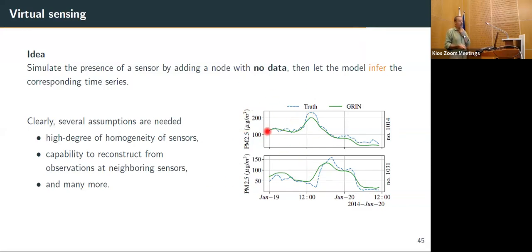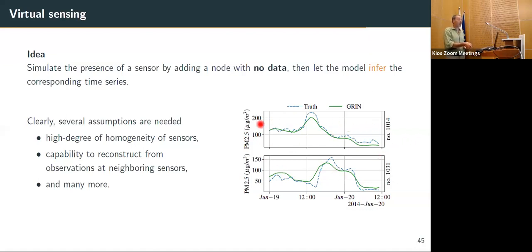So these are two examples of virtual sensors for PM2.5. Those are benchmarks. Let's try to imagine that we don't have that sensor. We want to guess it. The truth, the real value, is the blue one, and the one reconstructed by the method I was presenting before is the green signal.